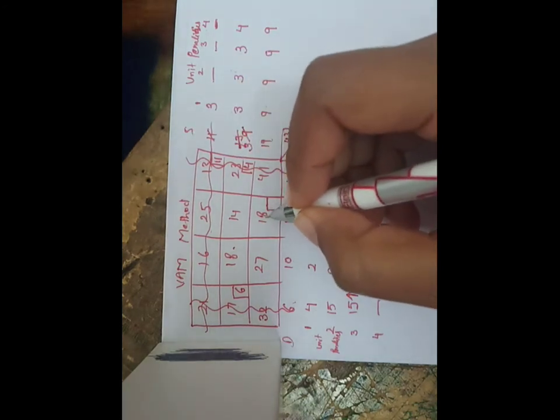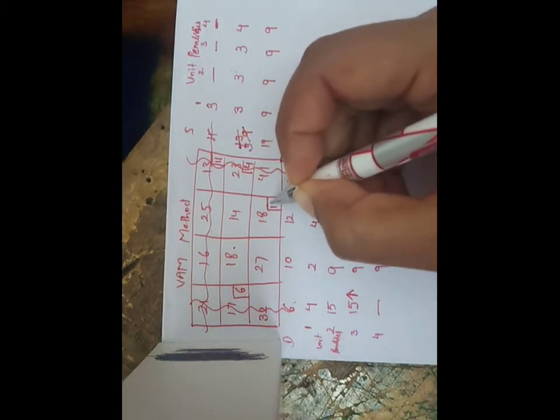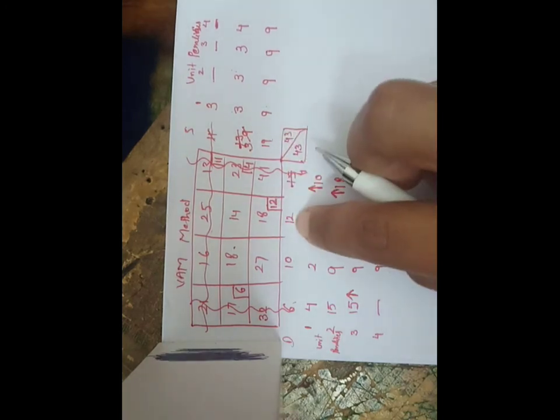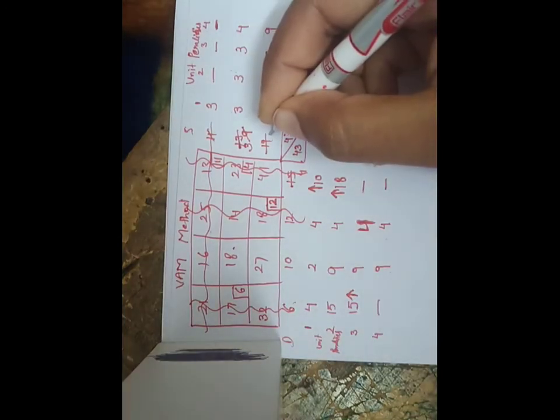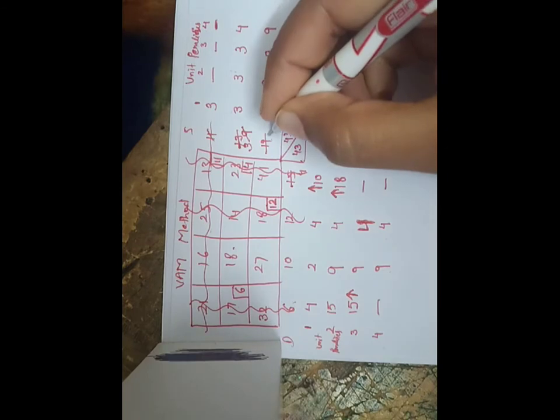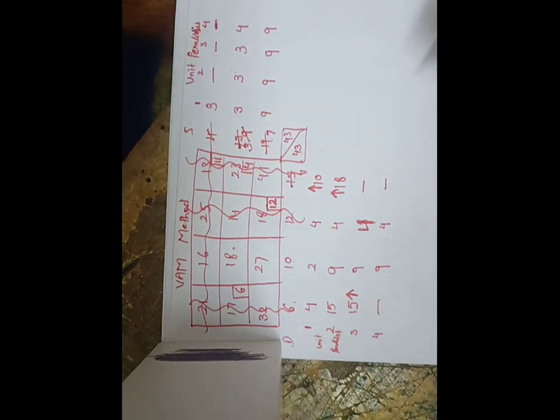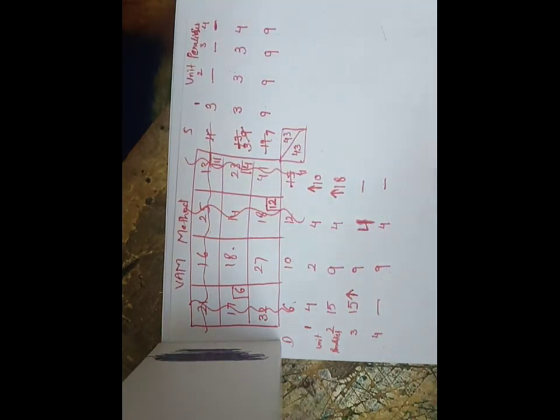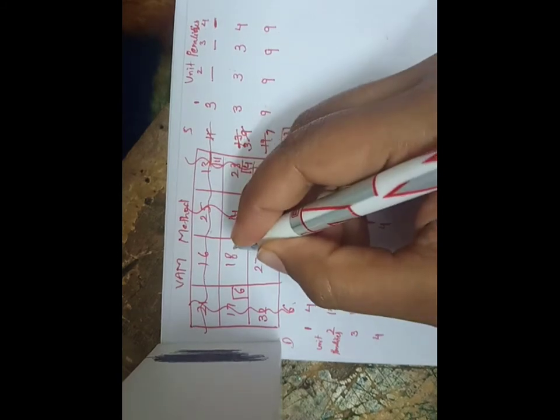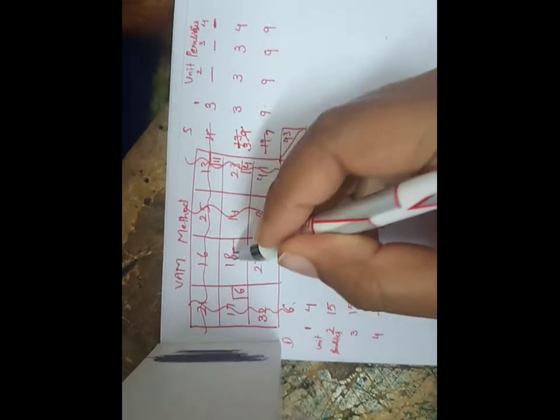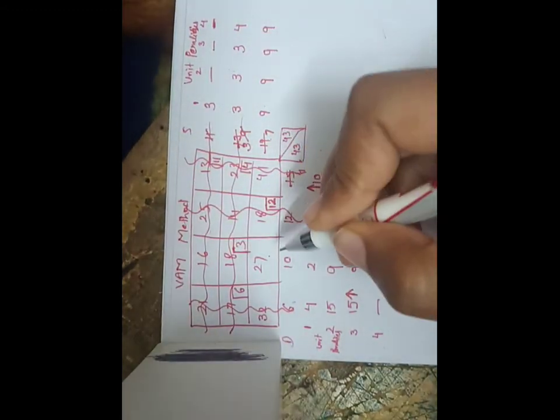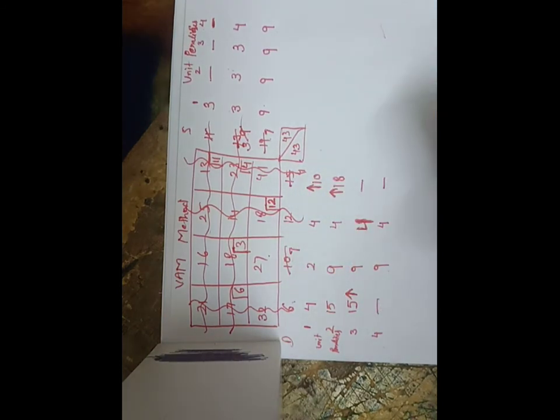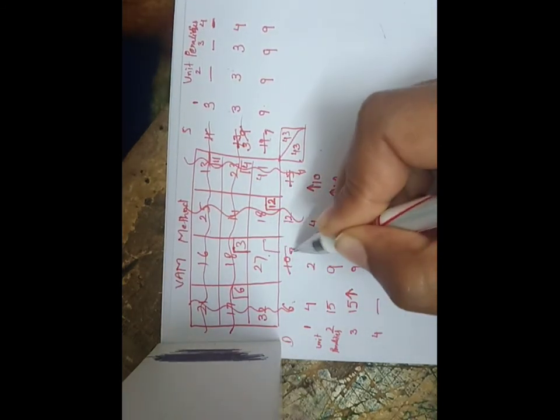So we have selected this cell with the maximum allotment. 12 is fully exhausted, and the rest is 7. Now there is no need to calculate unit penalties. The lowest cell here is 18, 3 and 10, whichever is less. 3, it is fully exhausted. The remaining unit is 7, and at last 7 and 7.